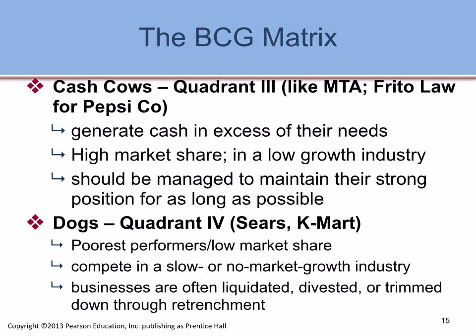It somehow was able to win the bankruptcy auction and shrink or shut down its branches and would still remain open. But this is really a poor performing company that should be liquidated, in fact, right? Most of these companies are often liquidated, divested, or trimmed down through retrenchment, like it happened to Sears.